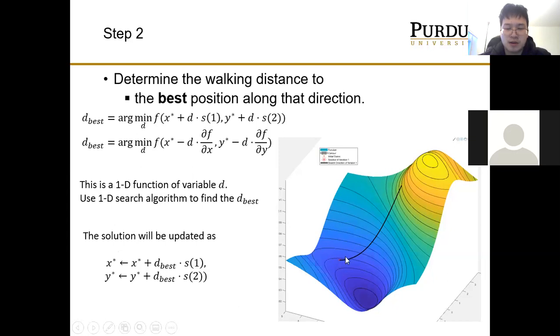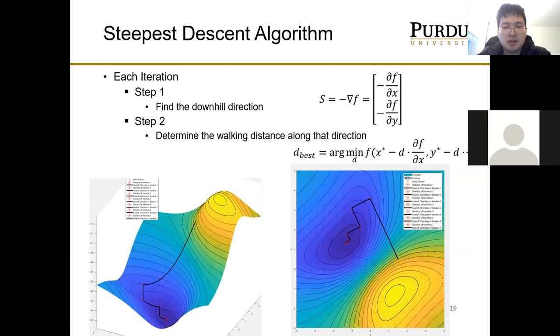That will be our new best solution. By doing so, we complete step 2 and also complete one iteration. Then we can repeat step 1 and step 2, and find a very good solution after several iterations.